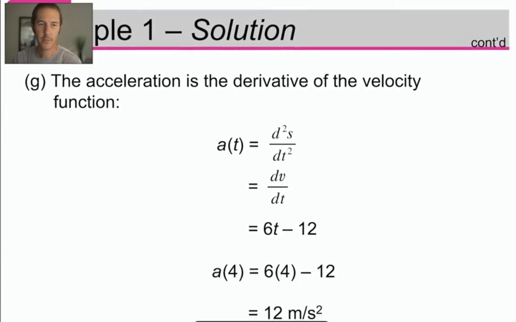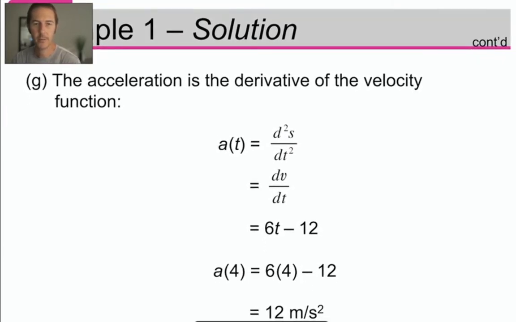I don't think I've ever gone this far in the alphabet in terms of subparts of one question. We're up to G. This was a question about acceleration, and acceleration is the derivative of velocity. So we started at position, took the derivative, got velocity. Take the derivative again, we get an acceleration function. Second derivative of position, first derivative of velocity.